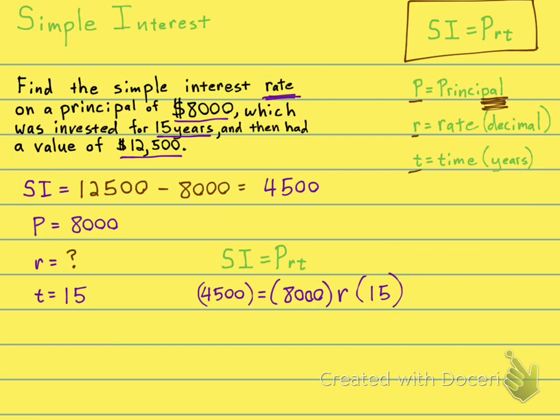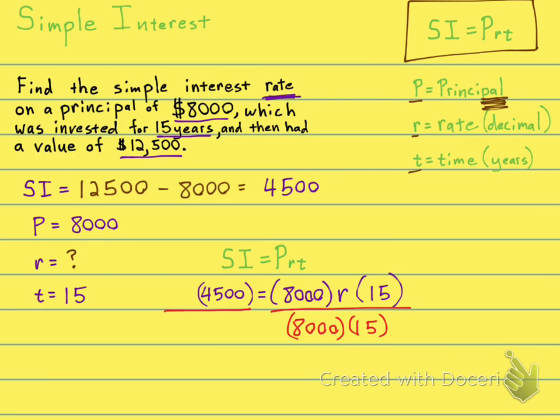Okay, so now we need to solve for R. We need to get this grumpy old R by itself. We could do this in 2 steps or 1 step. If you want to multiply these two things together, you can do that. But I'm just going to do it in 1 step. I realized to get R by itself, it is multiplied times 8,000 and it's multiplied times 15. So I'm going to divide both sides. I'll divide out the 8,000 and the 15.